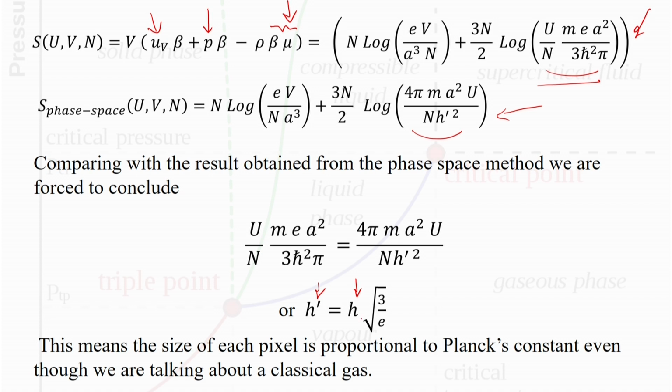It is just proportional to some number times Planck's constant. So, try as you might, you will never be able to get rid of the effects of quantum mechanics completely. That is telling you that at the subatomic level some amount of quantum mechanics is going to survive no matter how hard you try.